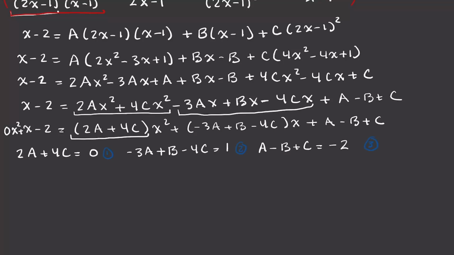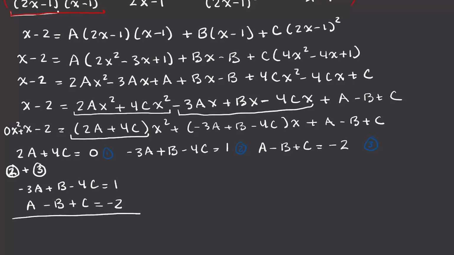From here, I will be taking equation 2 and adding equation 3 to it. Equation 2 plus equation 3 will eliminate my b value. So here we have negative 3a plus b minus 4c equal to 1, plus a minus b plus c equal to negative 2.